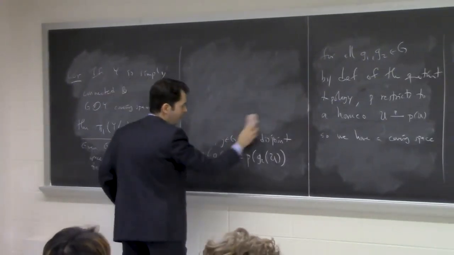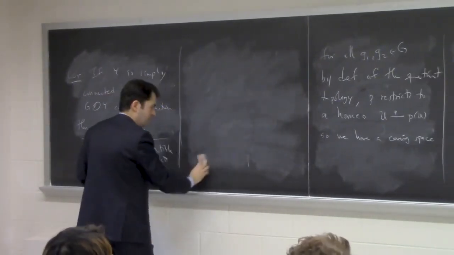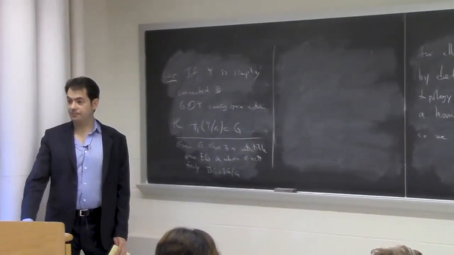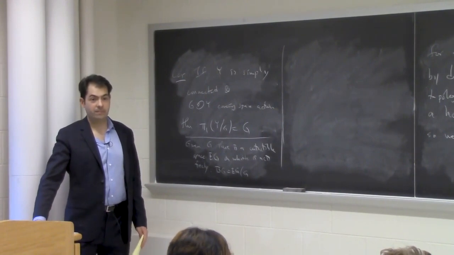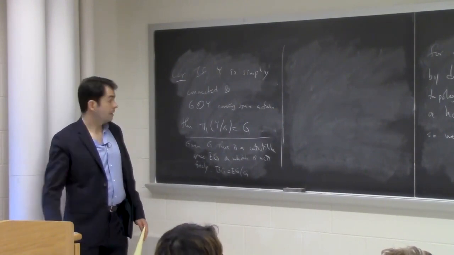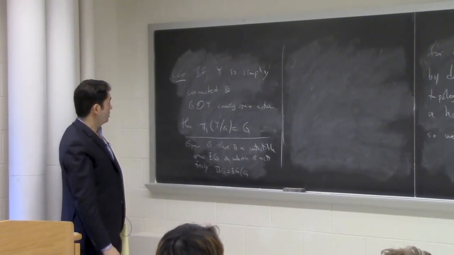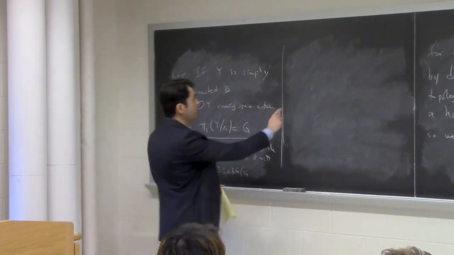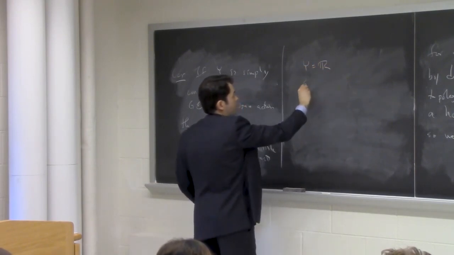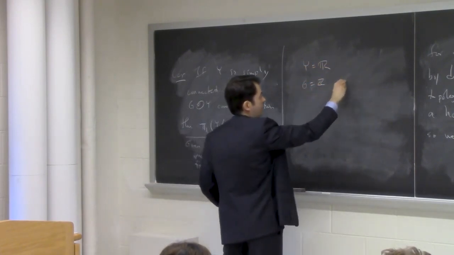OK, so questions on covering spaces, covering space actions? Could you maybe give an example of the corollary? Sure. So the simplest one would be just think of Y as R, G as the integers acting by translation.